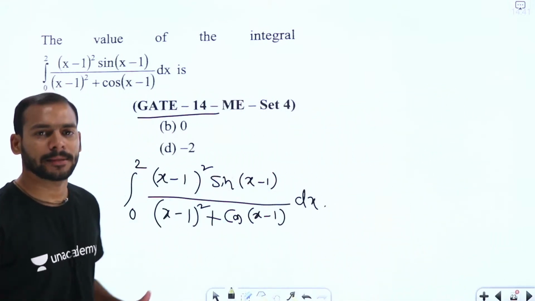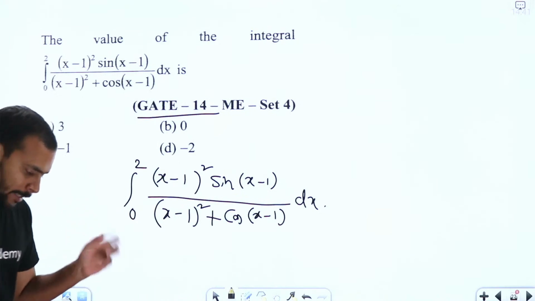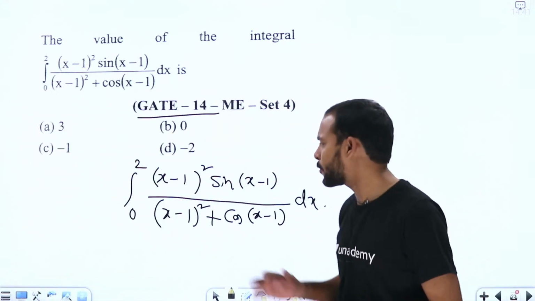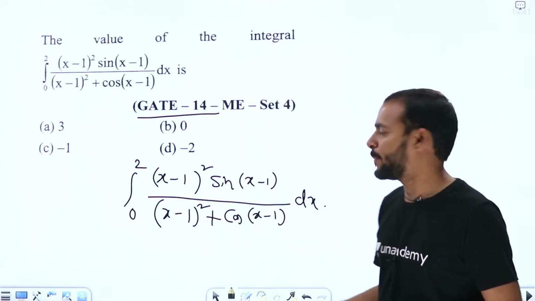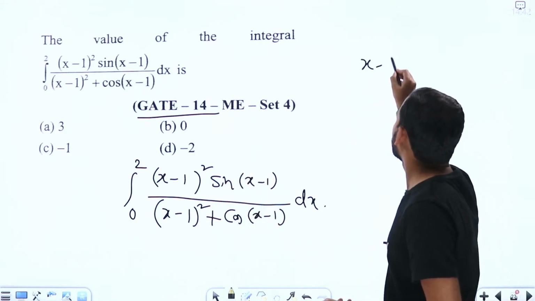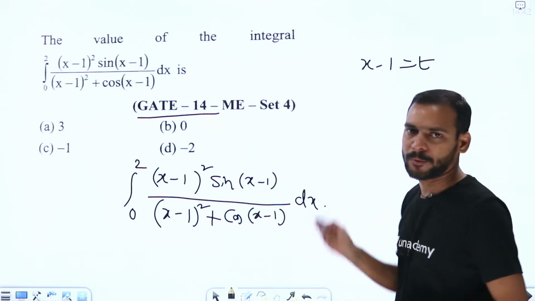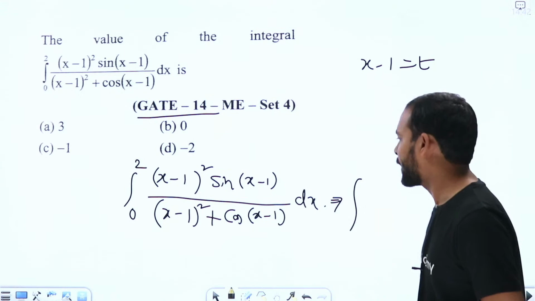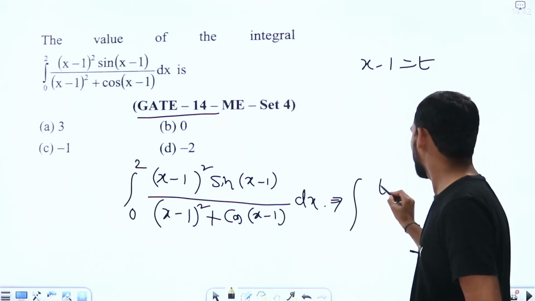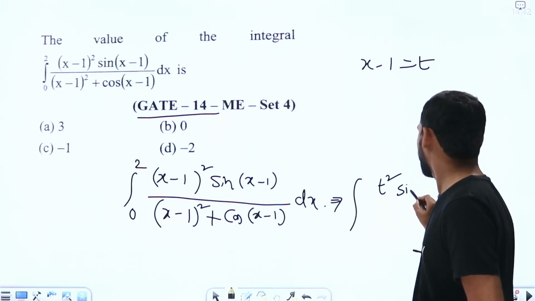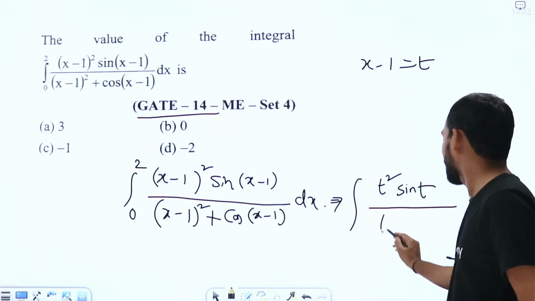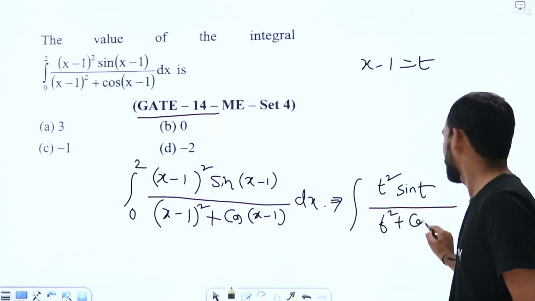In integration, sometimes we take the help of the substitution method in order to simplify these terms. If I take x minus 1 as t, for suppose, then let me write how this is going to become: t squared into sin t, divided by t squared plus cos t.